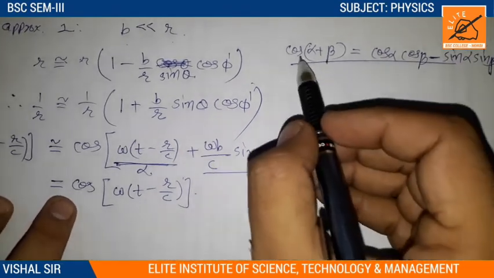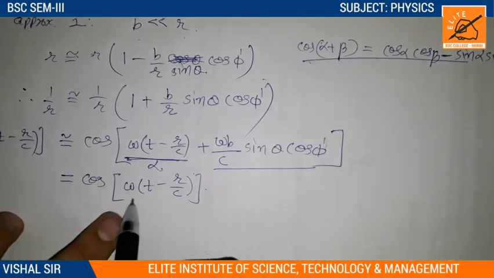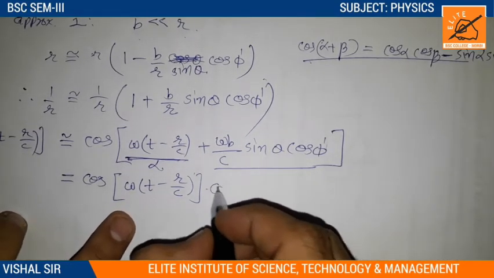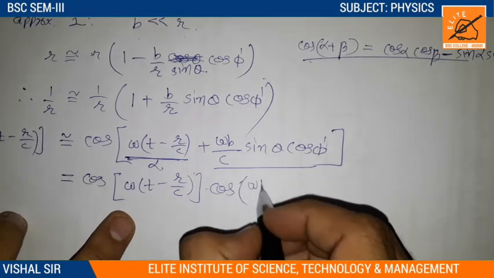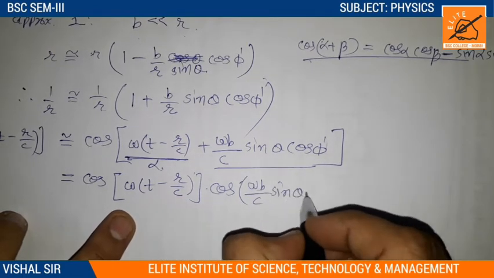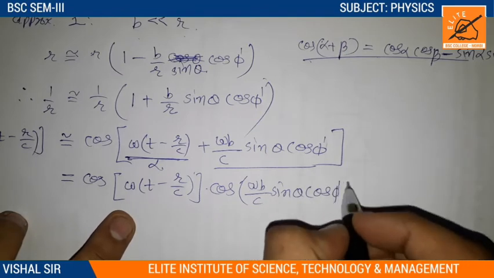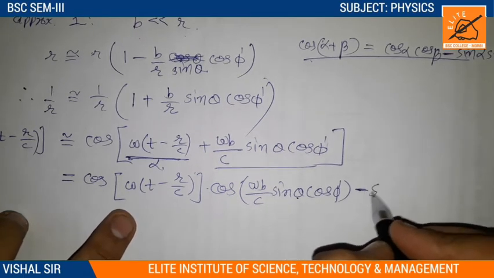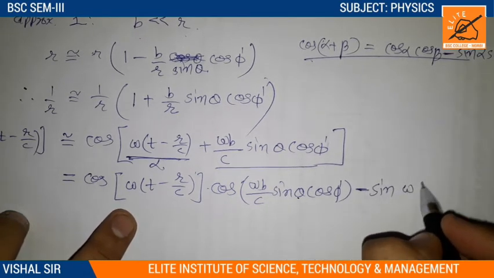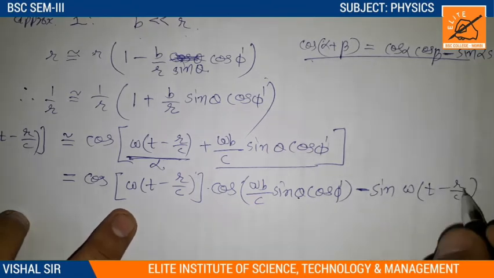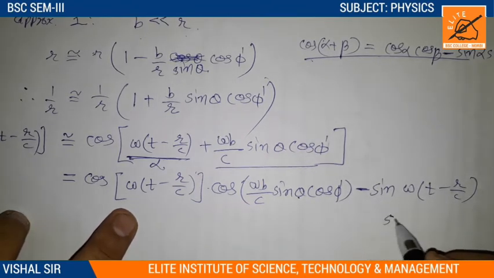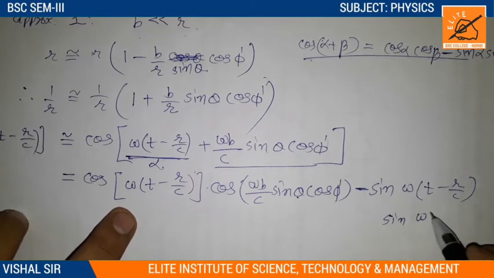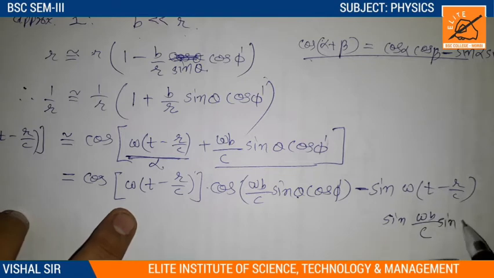So from this equation we can write cos alpha into cos beta. It means cos omega b upon c into sin theta into cos phi. Okay, so this is cos alpha cos beta, then minus sin alpha sin beta, then sin omega t minus r upon c into sin omega b upon c into sin theta cos phi dash.